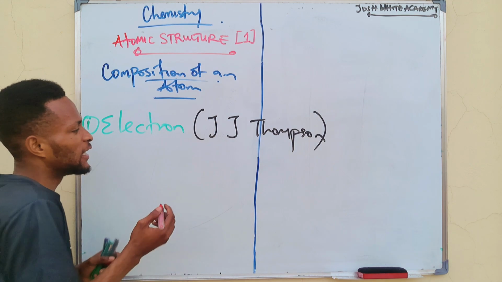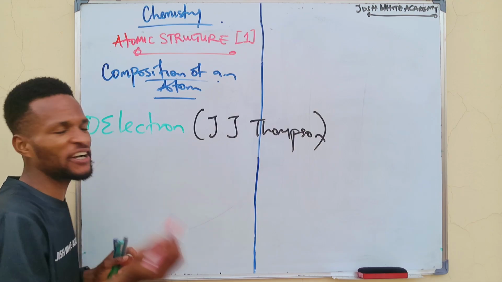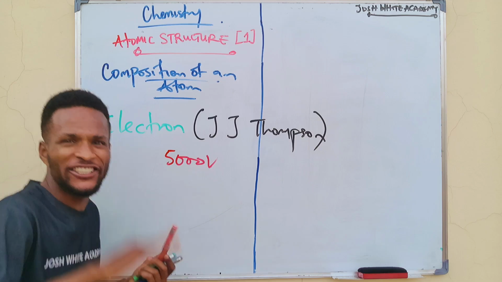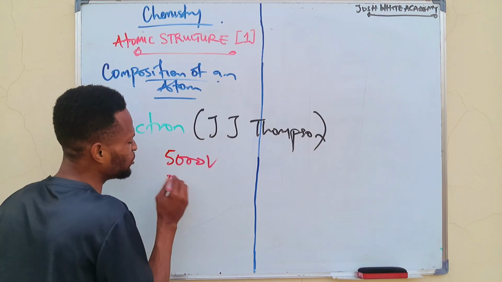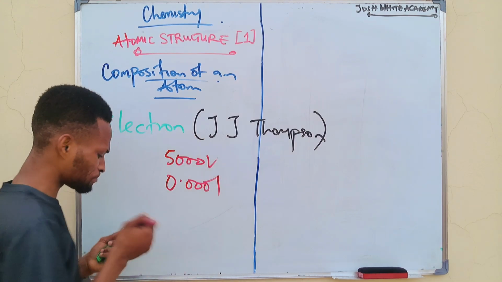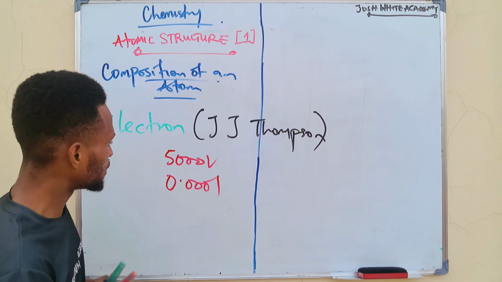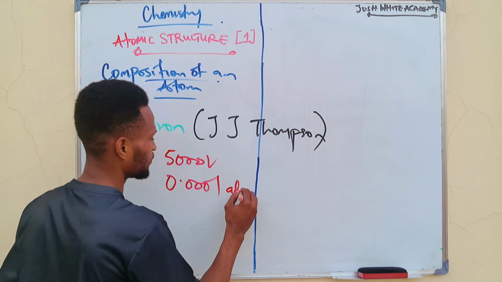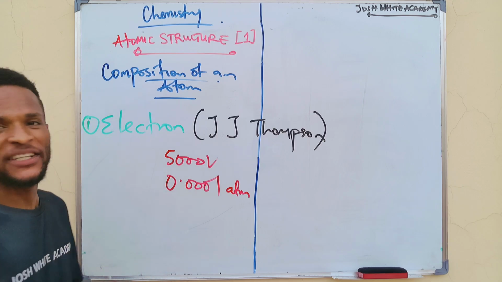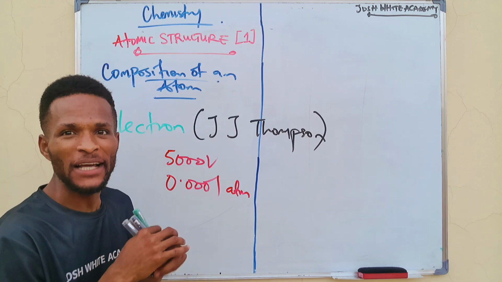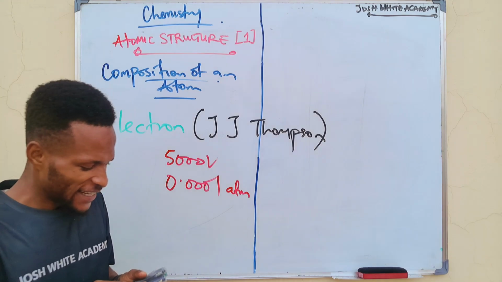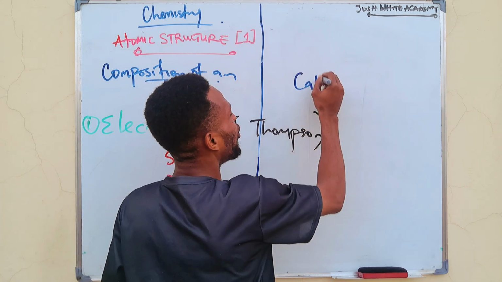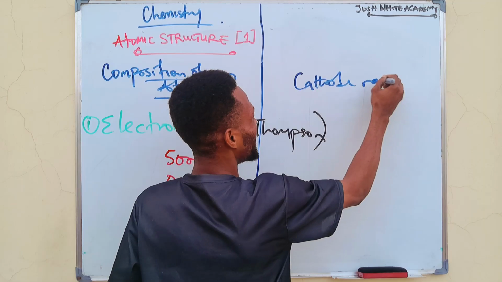He increased the potential difference to around 5,000 volts and reduced the pressure to around 0.0001 atmosphere. And he noticed a green light, and he called that ray cathode ray.